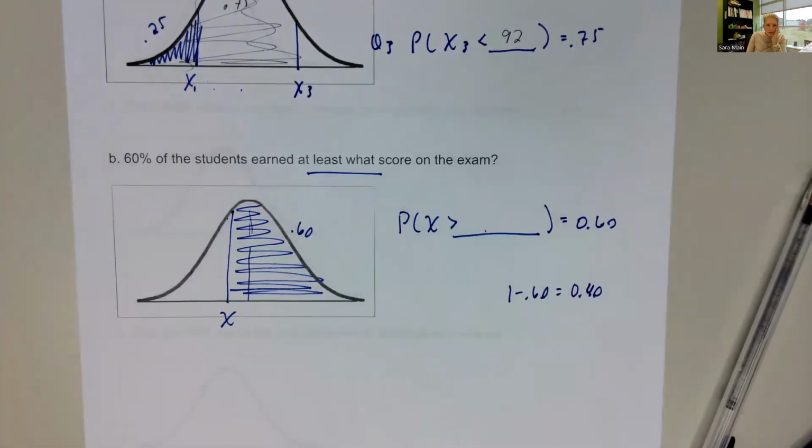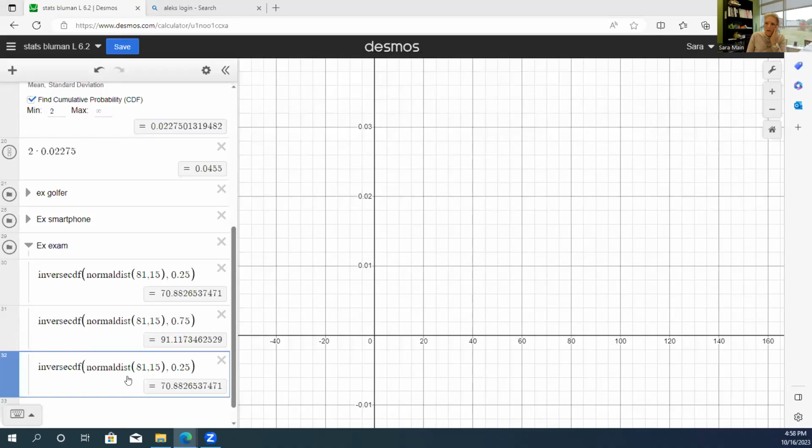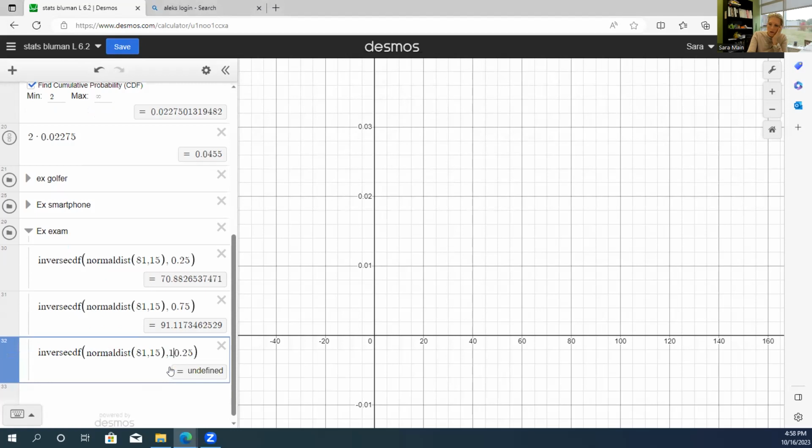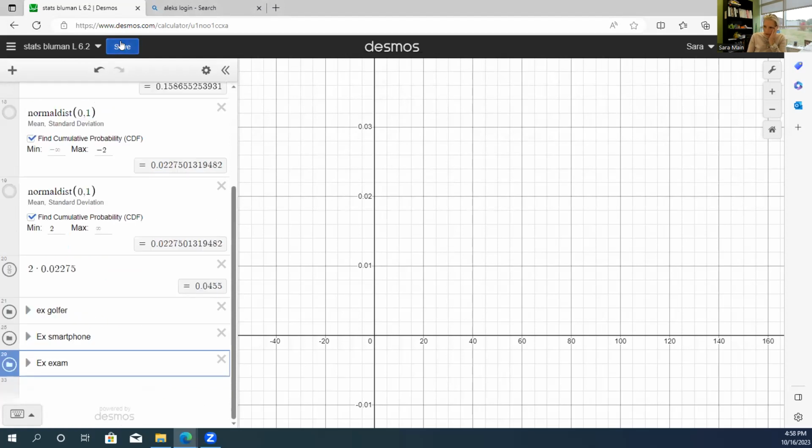So let's go back to Desmos. We're going to tell it 1 minus 0.6, and it looks like it's 78. So 60% of students scored at least a 78 on the exam. That's pretty good.